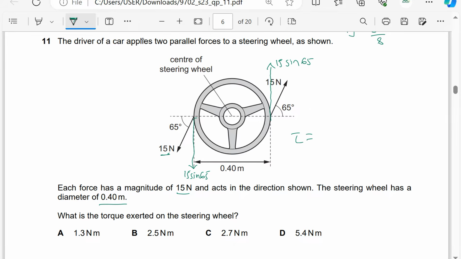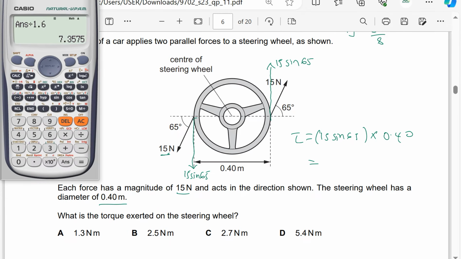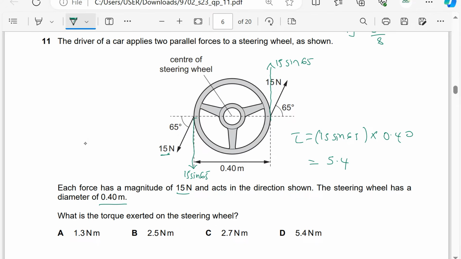Therefore, the torque of such a couple will be the product of one of the forces, which is 15 sine 65, times the perpendicular distance between the two forces, which is 0.40. So the torque here is 15 sine 65 times 0.40, which is 5.4. So the answer here is going to be D.